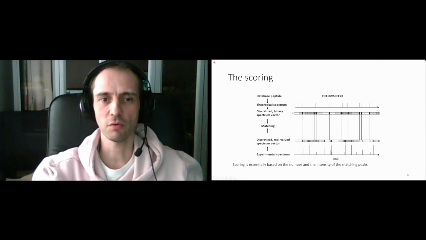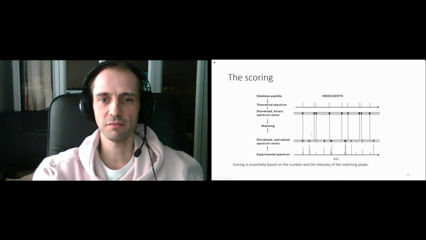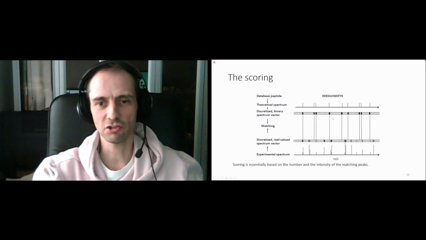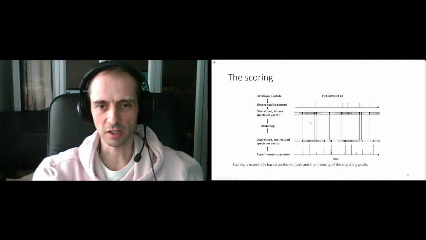Okay, so now we discretize the theoretical spectrum, then we discretize this experimental spectrum, and then we just measure the match. For example, we can evaluate the match by counting the peaks at the common location. For example, here there is a match 1, 2.